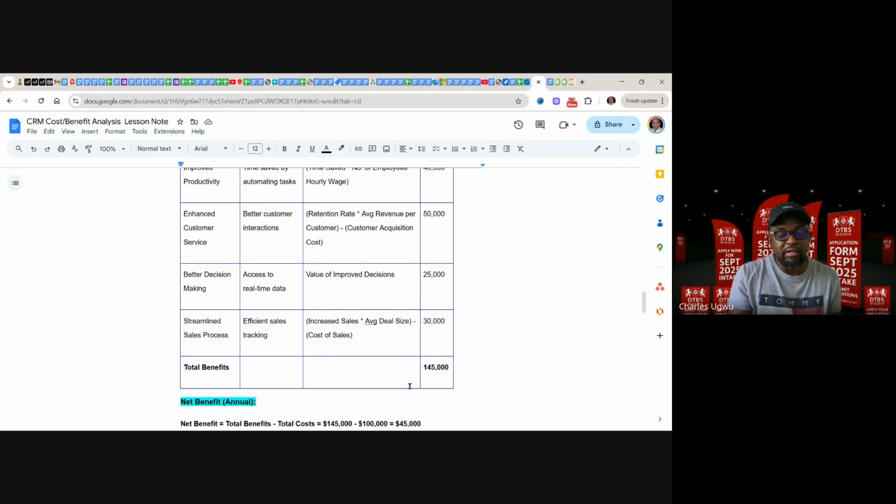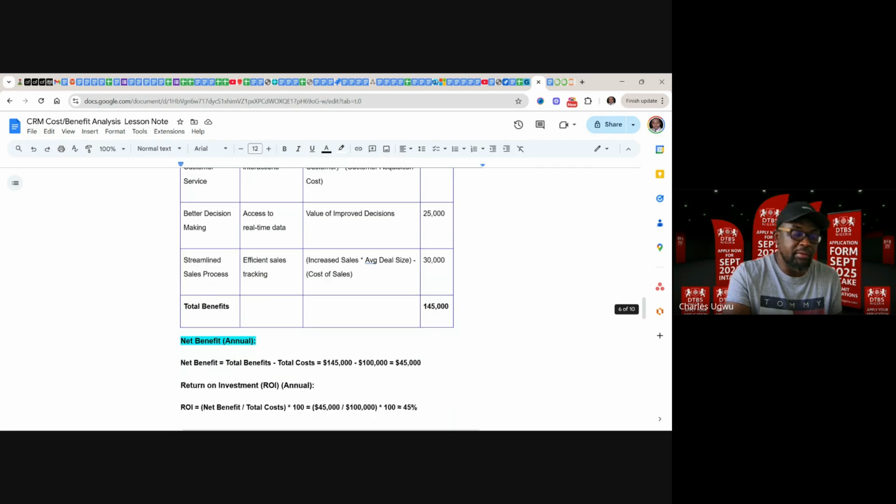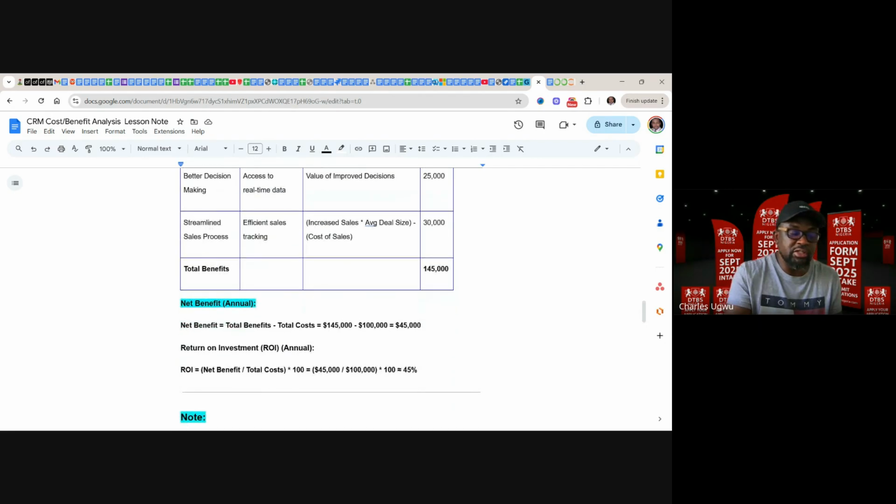And you see here, the total benefit is 145,000. So if that's the total benefit and the total cost is 100,000, when you subtract the total cost from the total benefit, we get 45,000, and that is the return on investment annually.